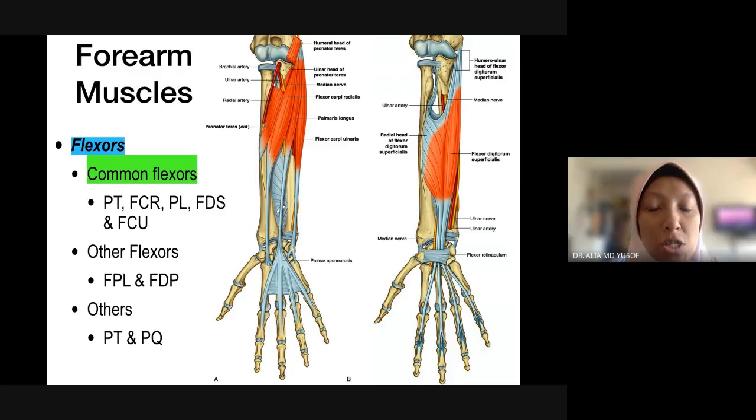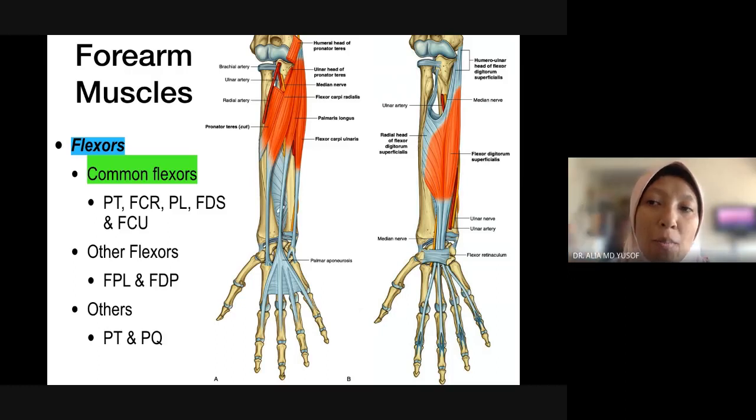They share the same characteristics. Number one, they originate from the same origin, the medial epicondyle. Number two, most of them help in flexion of the wrist joint.